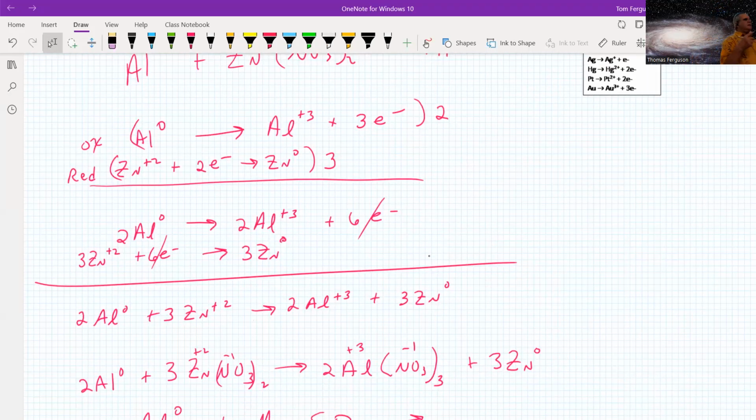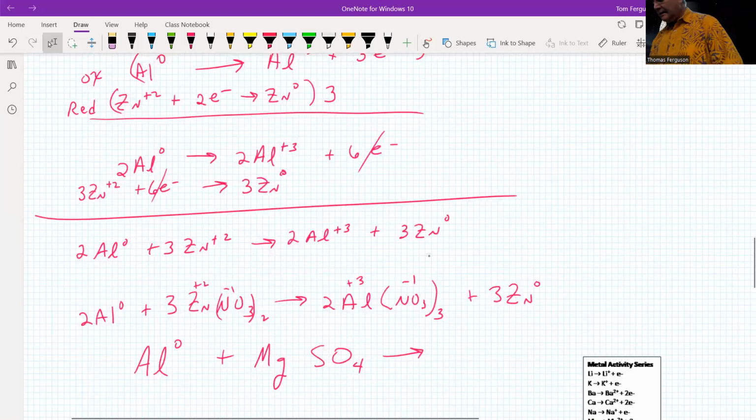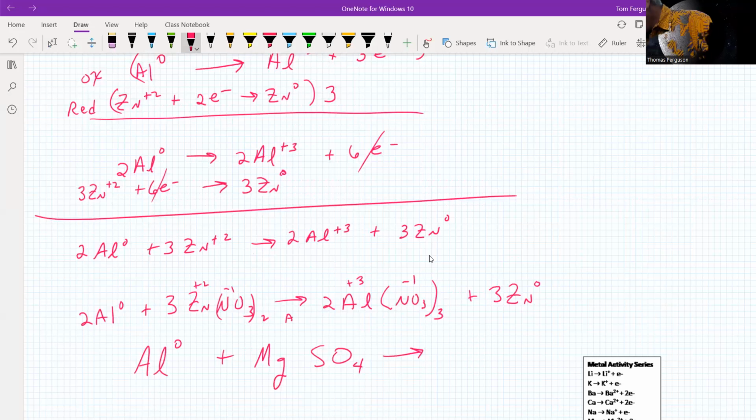So in this case, the nitrate is a spectator ion. It does nothing. It's just going to help us balance out the charge. But if we balance this equation with the spectator ions, we have to include them in the inventory. So we have aluminum, we have zinc, and NO3.